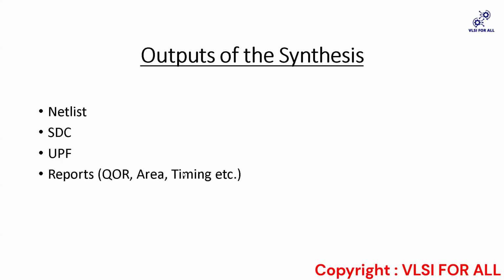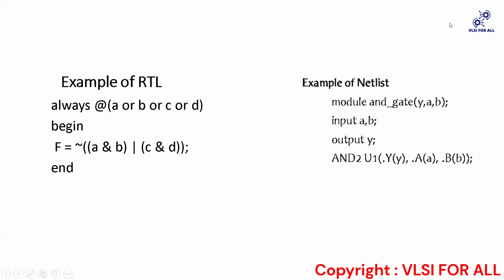So we have learned what synthesis is, the importance of synthesis, gate level netlist, and the inputs and outputs of the synthesis. Now let's see the next topic. Before that, you can see here the examples of netlist and RTL. Here it is represented using gates, and here you can represent it like this.